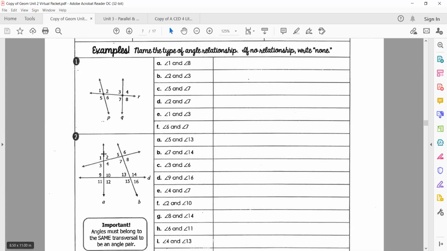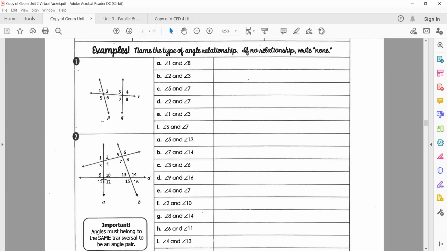Okay, so line A could be a transversal here for these 1, 2, 3, 4, 9, 10, 11, 12. Line B could be a transversal also for these 5, 6, 7, 8, 13, 14, 15, 16. This line on the angle up above here could be the transversal for these other two lines. And look at the numbering: 1, 2, 3, 4, 5, 6, 7, 8. Line D could be a transversal for the rest of those.